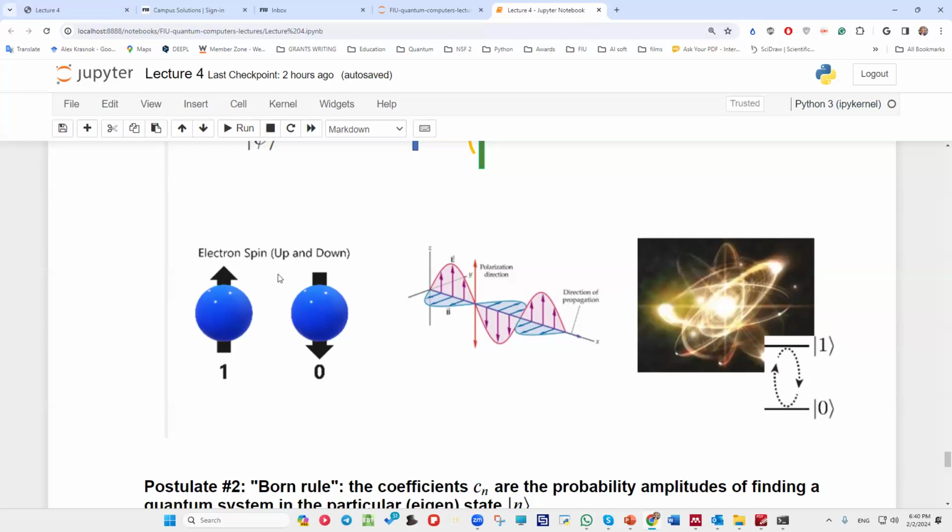There is a countless number of examples of systems with just two possible states.